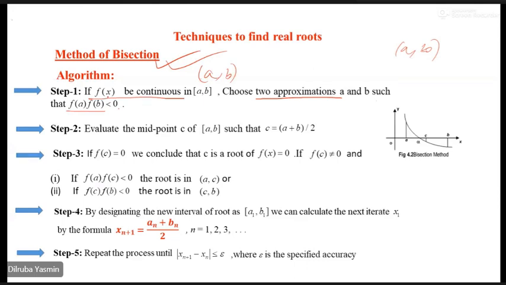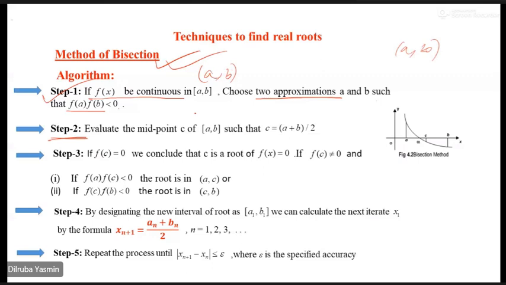If f of x is not continuous somewhere, you won't be able to predict a real root by using the bisection methodology. When this condition is satisfied, you move on to the next step. Here you have to find the midpoint c of the open interval a comma b.